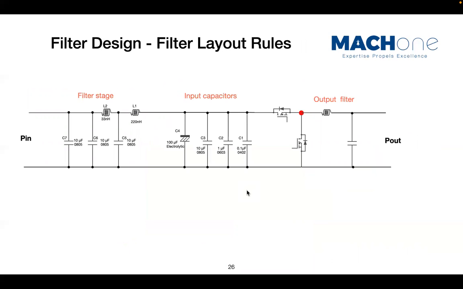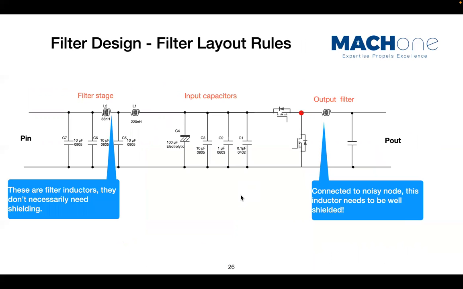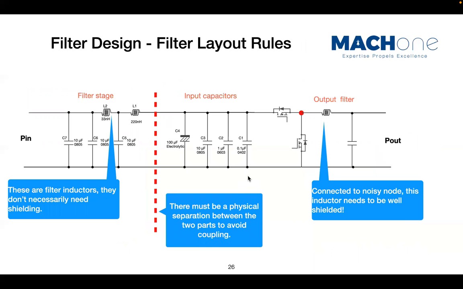As I said, these are the general filter layout rules. We can give you advice, right? Three rules. Again, we're using a buck converter here. For the buck converter inductor, you'd better use a shielded inductor and make sure that the dot or the line is placed on the switch node here.